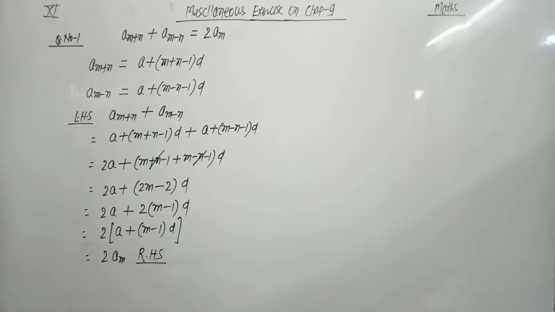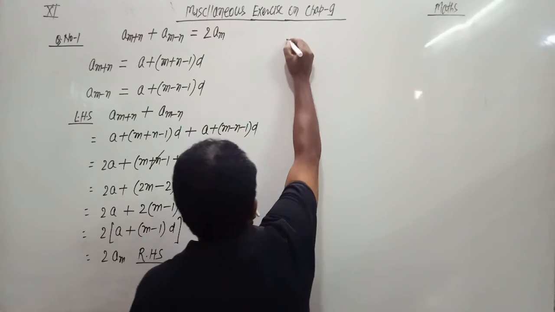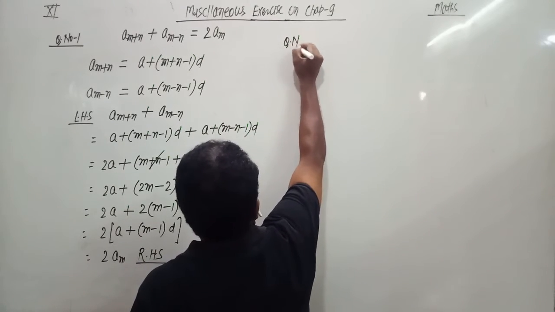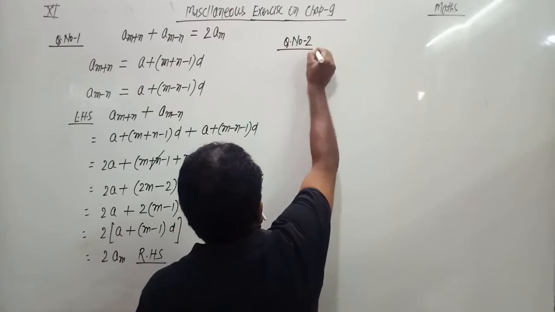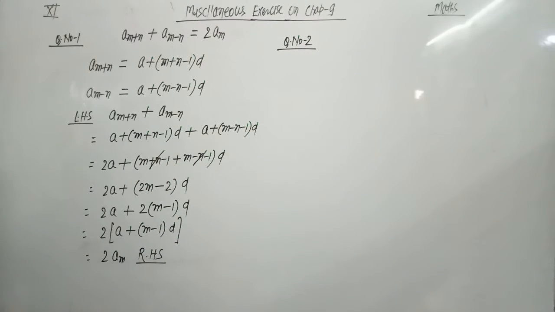Let us see question number 2. The sum of 3 numbers in AP is 24.